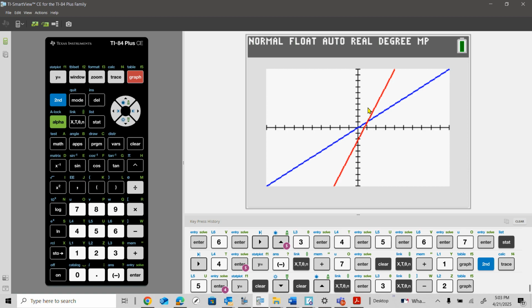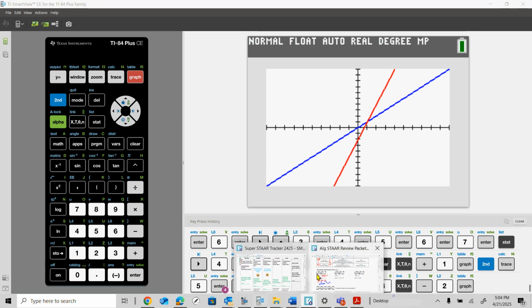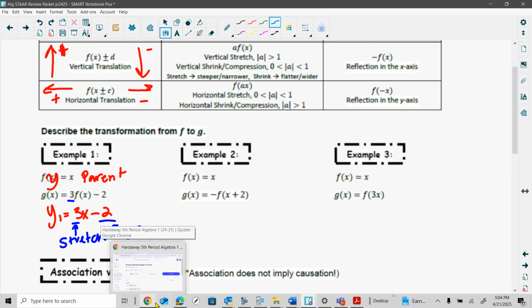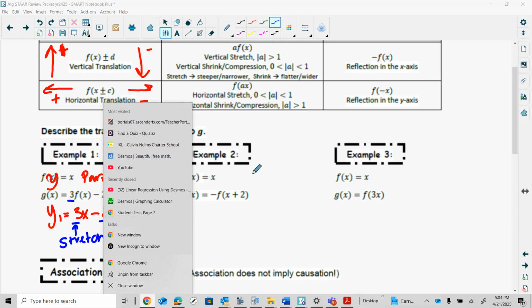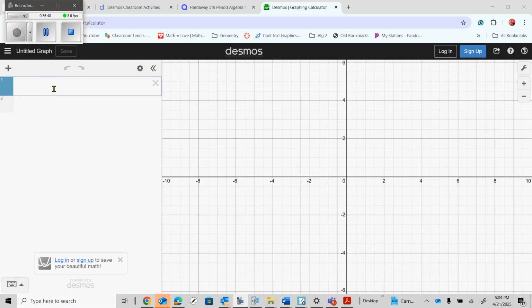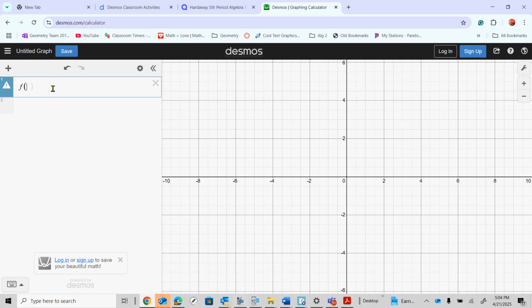And the thing I wanted to talk about is, let's say you're not too sure how to rewrite it. A lot of people get confused on how to rewrite it from f of x to g of x with this f of x in there. This is one thing where the Desmos calculator might be more beneficial. Let me show you. You can type it like you see it: f parentheses x equals x.